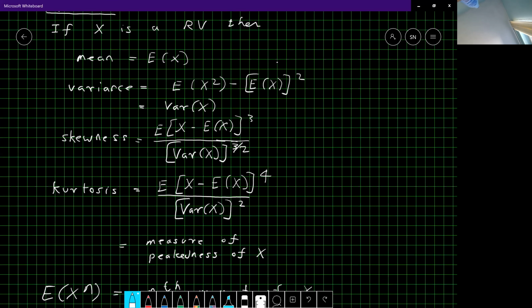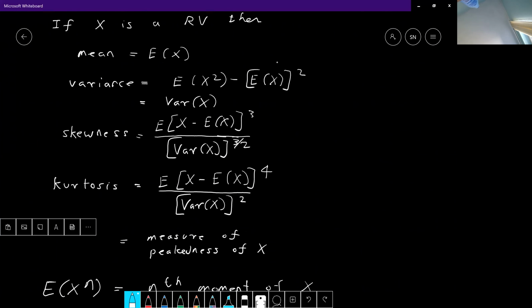So the skewness measures whether the data is skewed to the left or skewed to the right. It can take positive or negative values depending on whether it's positively skewed or negatively skewed.